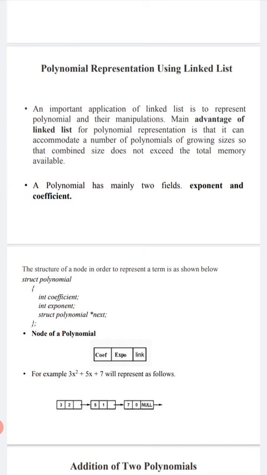The main advantage of a linked list for polynomial representation is that it can accommodate a number of polynomials of growing size so that the combined size does not exceed the total memory available. Each and every polynomial term has two fields, exponent and coefficient.